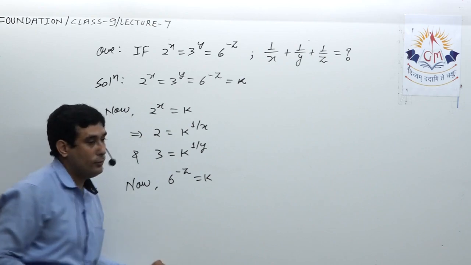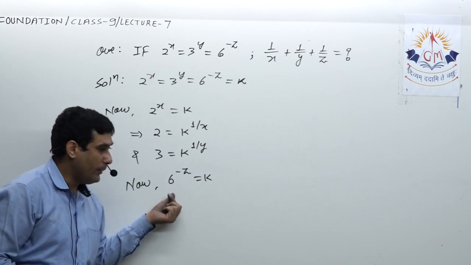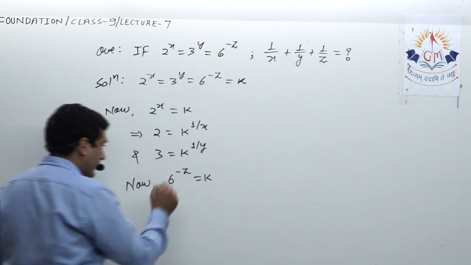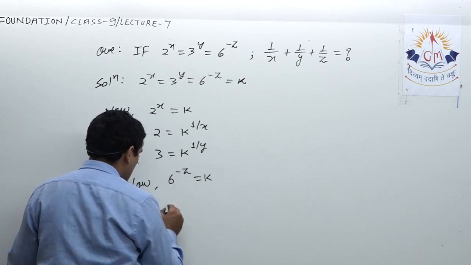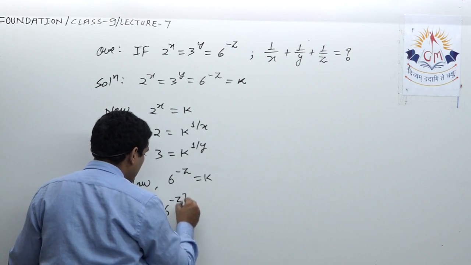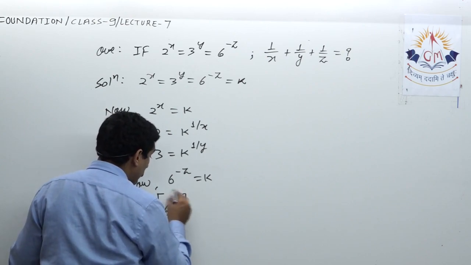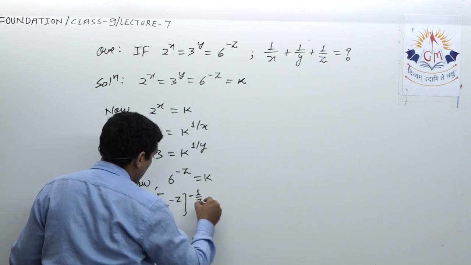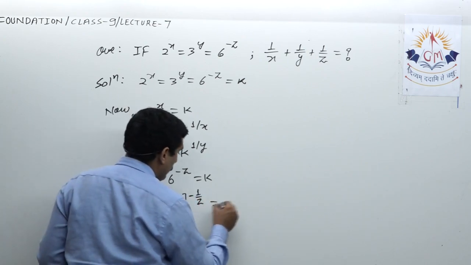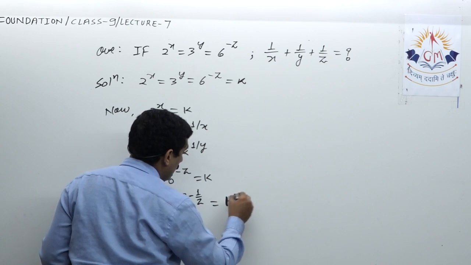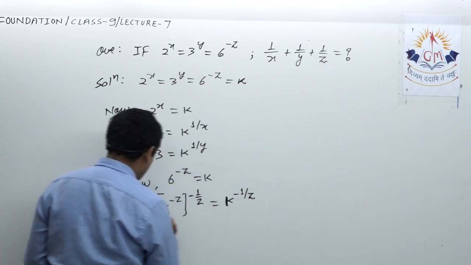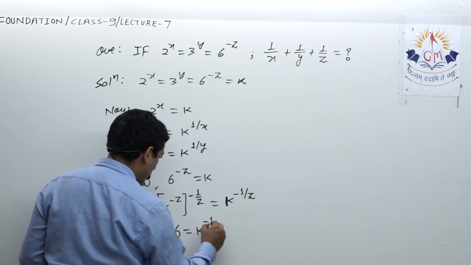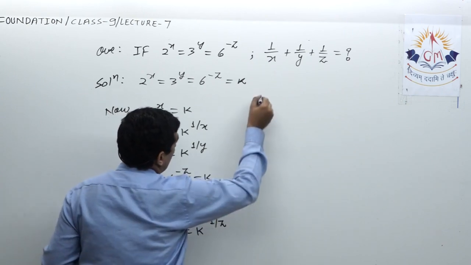So I told you, to get the value of base I have to take the power which is the reciprocal of the given power or current power. So 6 raised to minus z, if I take power I have to remove this, so I have to take power minus 1 upon z, then only I can cancel this. So k raised to minus 1 upon z. So hence I'll get 6 is equal to k raised to minus 1 upon z.